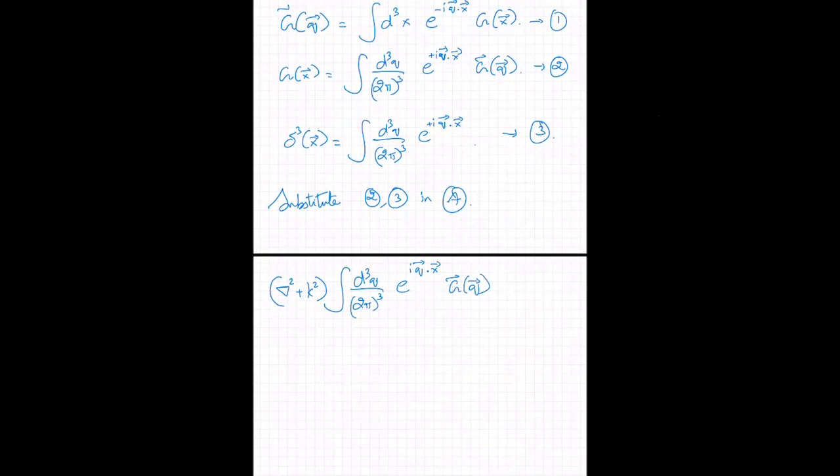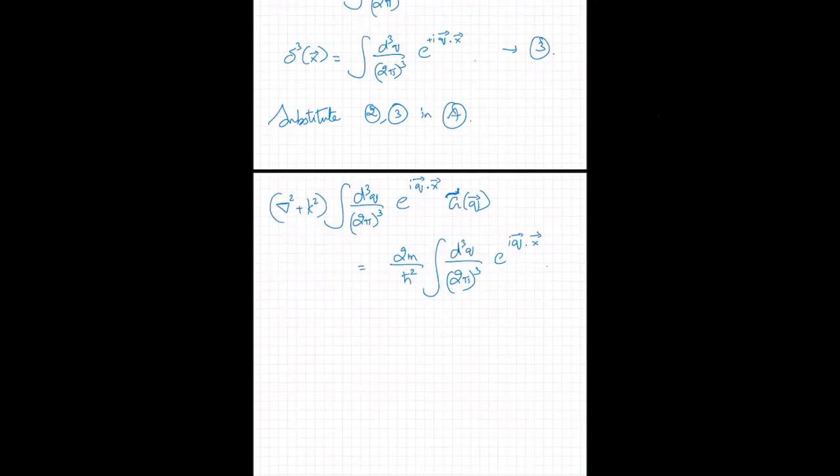Sorry about my handwriting; this is a tilde, not a vector, and q is a vector. The right hand side, of course, is 2m over h bar square times the integral d cube q over 2 pi cube e to the i q dot x.